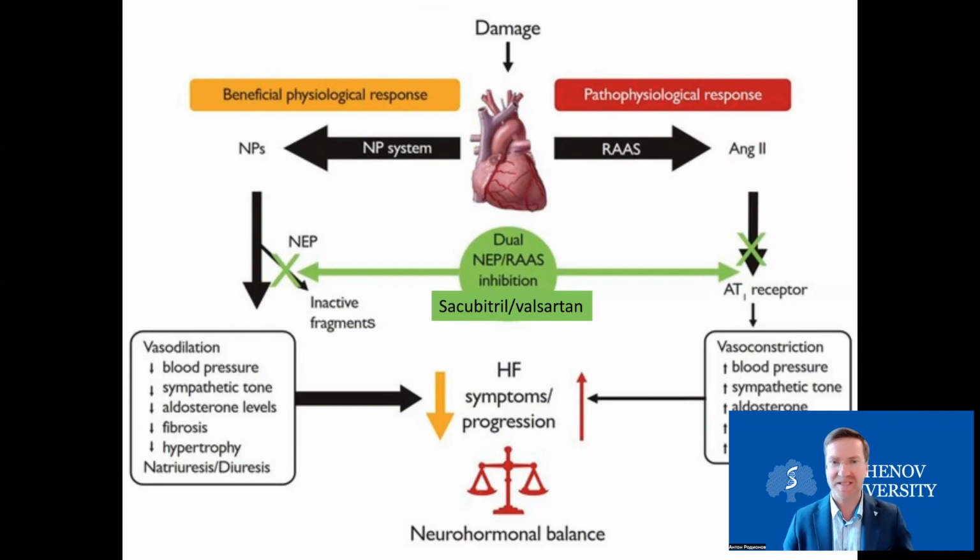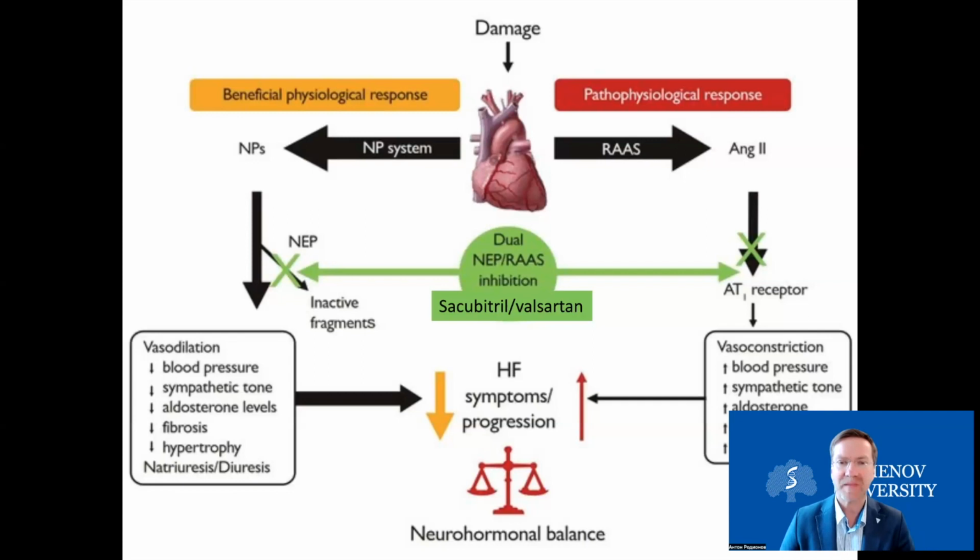It's a protective system, and we try to increase the activity of the natriuretic system. Natriuretic peptides are inactivated by an enzyme named neprilysin, here on the left side, NEP. Neprilysin inactivates natriuretic peptides, which are good, again.